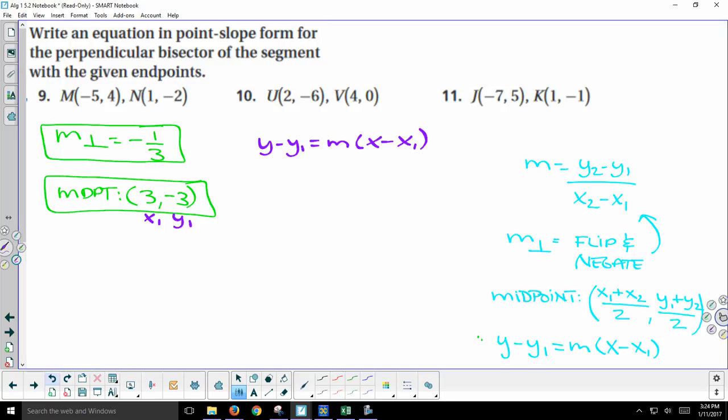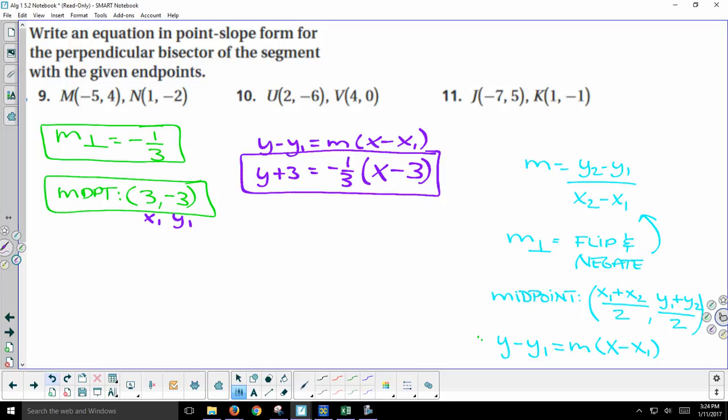So I have y minus y1, which is negative 3. Y minus a negative 3 becomes y plus 3 equals m. I'm going to plug in negative 1/3 times the quantity of x minus x1, which is positive 3. So there is my final answer for number 10. Y plus 3 equals negative 1/3 times the quantity of x minus 3.